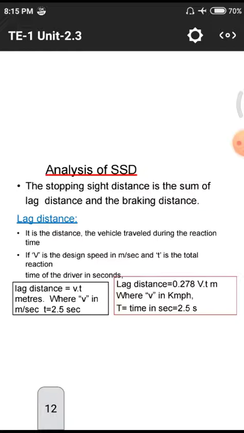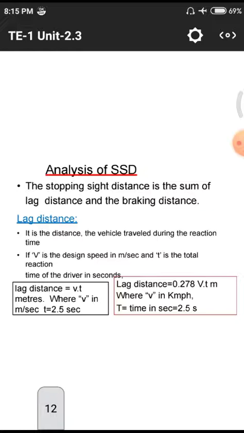At those points we need to have this stopping sight distance. The stopping sight distance is the sum of the lag distance and the braking distance. Braking distance is the distance over which we apply our brakes.